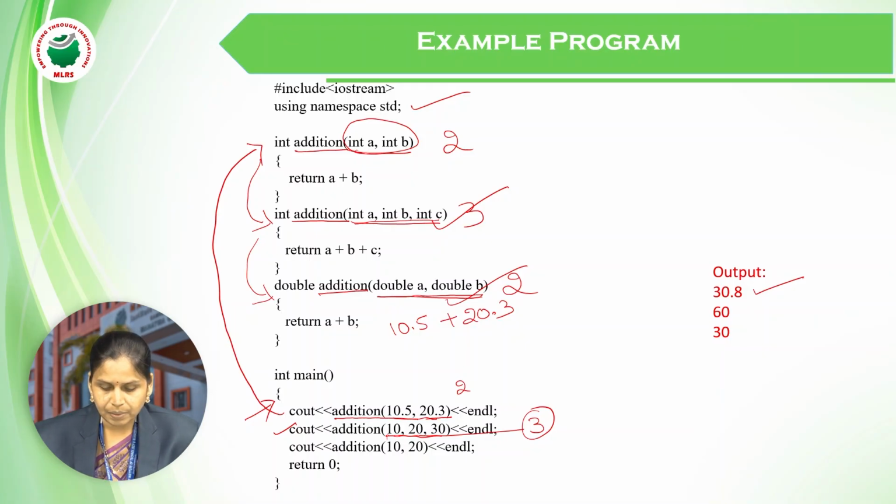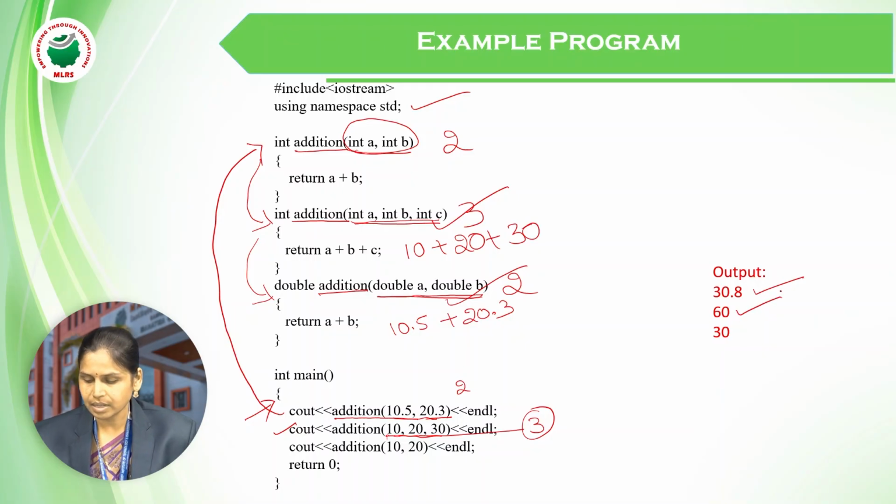So here return A plus B plus C. The first value is 10, the second value B is 20, C value is 30: 10 plus 20 plus 30. Then it returns 60. When we return the value 60, automatically it will be printed on the monitor. Cout of addition of 10, 20, 30 is replaced by the value 60. Then it will be displayed on the monitor.